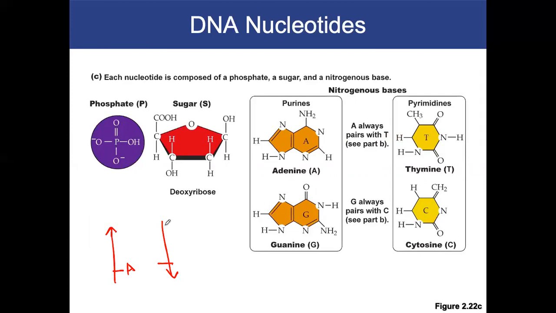Thymine. So thymine is here. How do we know it's adenine and thymine together? They have 2 hydrogen bonds. Okay, then let's say this next nucleotide was a G, or guanine. What is the complement to that? Guanine always binds with cytosine, so that would be cytosine. And they have 3 hydrogen bonds together. Okay.